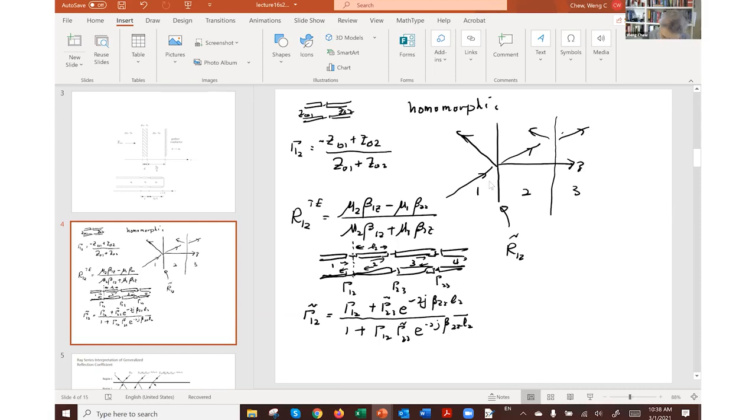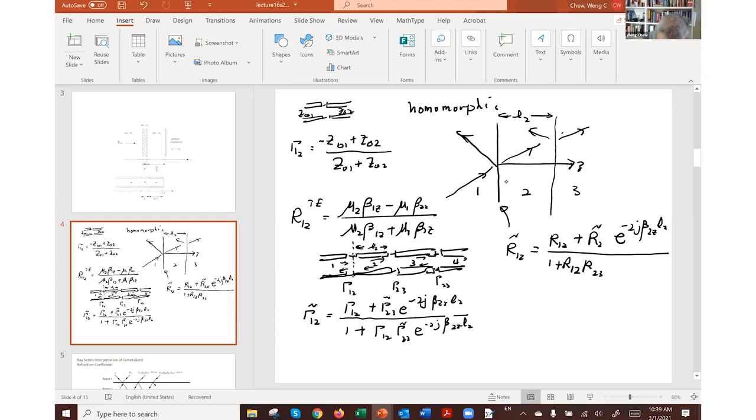R1,2 tilde then would be R1,2, the local reflection coefficient of the first junction, plus R2,3 tilde e to the minus 2j. I can put in a beta 2z here because the wave number is a number in the z direction. Okay, and then we can say that this thickness here is L2, for instance, and beta 2z is the wave number in that region. So I'm using mathematical parallelism or mathematical homomorphism to write down the solution here.